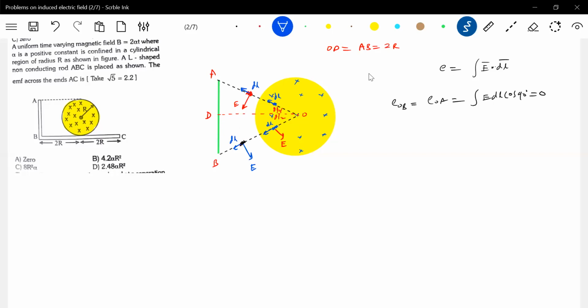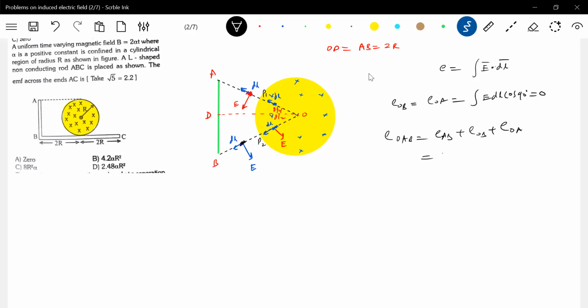So what is the EMF induced? Total EMF induced is only across the rod AB. How to calculate that? What is the effective area? Effective area is the area of the sector OP1P2. So the EMF induced in the triangle OAB is EOA plus EAB plus EOB.